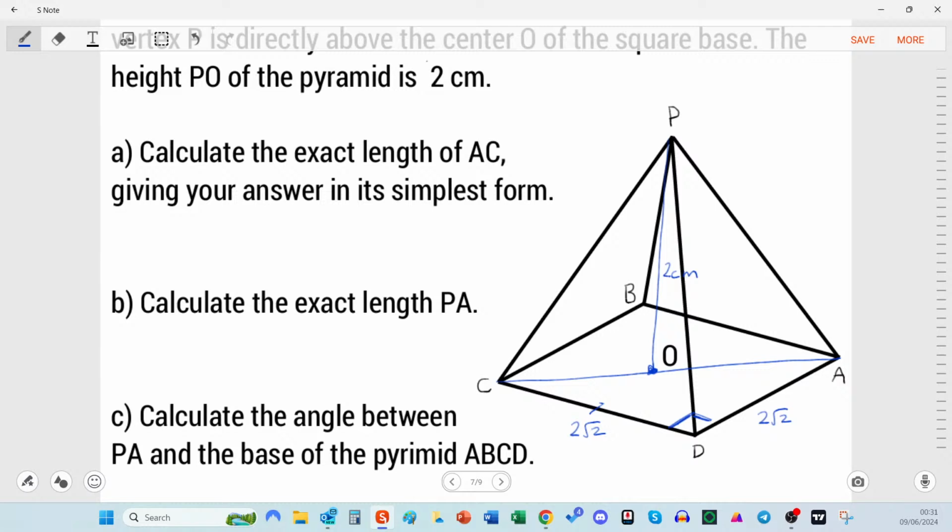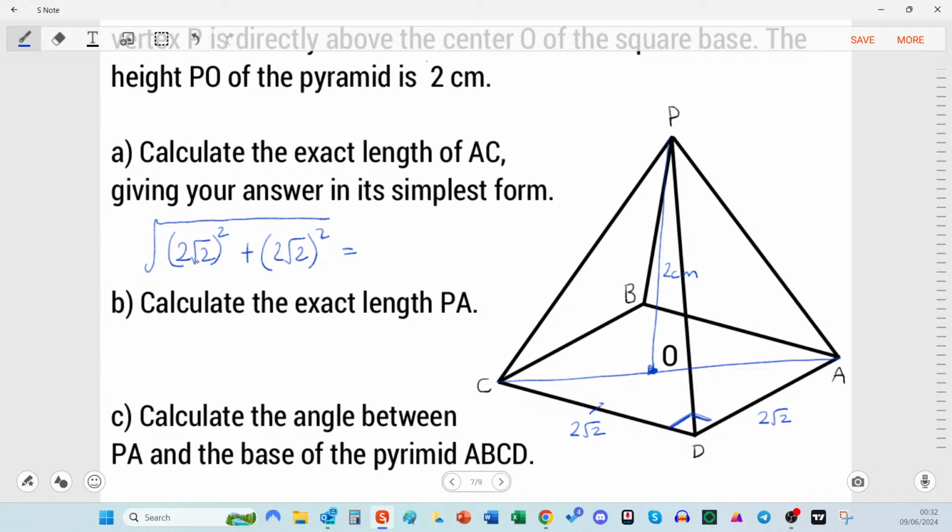So we have the 2 small sides and we want the long side. So 2 root 2 squared plus 2 root 2 squared, square rooted.